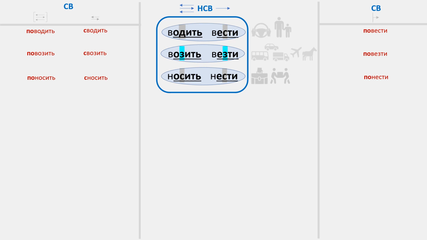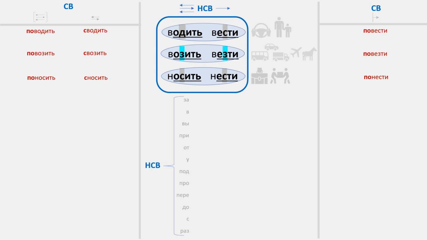This movement might end inside, outside, or behind some place. It might be a movement away or across something. That's why unidirectional verbs have several other perfective, several other S verb forms with different prefixes that help express these details. In fact, both unidirectional and multidirectional verbs form other verbs with prefixes.